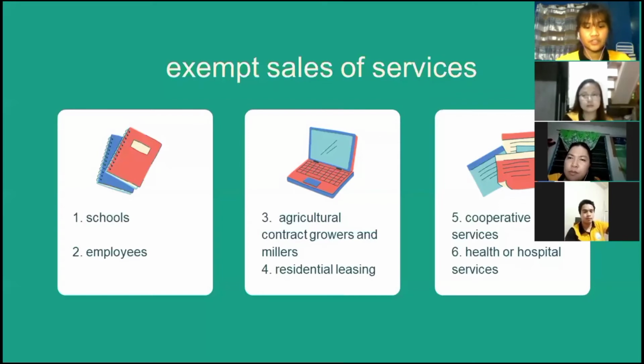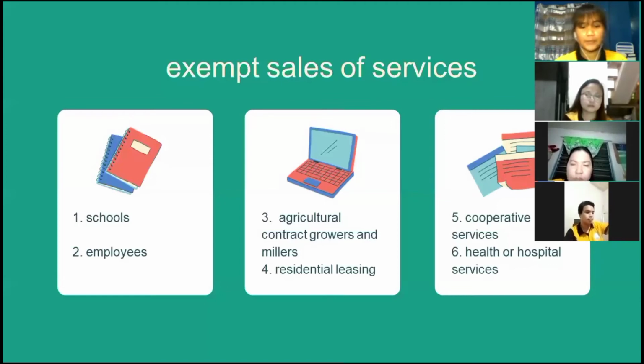These services by agricultural contract growers and millers are for the conversion of palay to rice, corn to grits, or sugarcane into raw sugar. It refers to the person introducing to the other poultry, livestock, or other agricultural and marine food products in their original state.